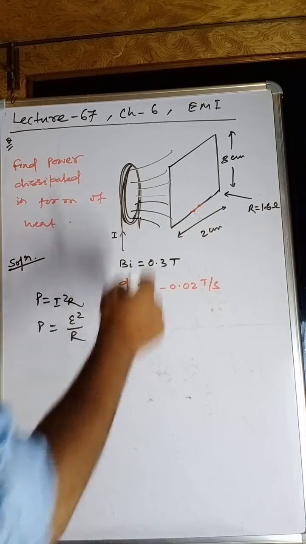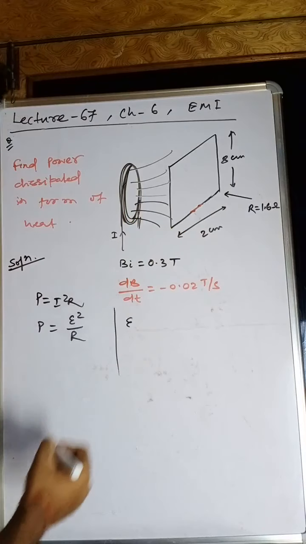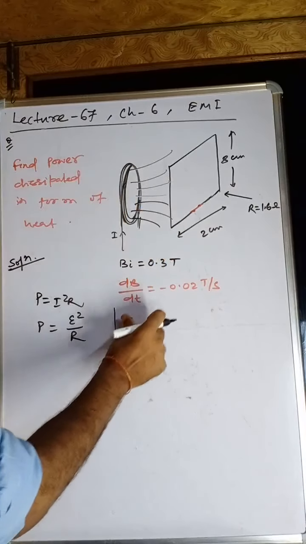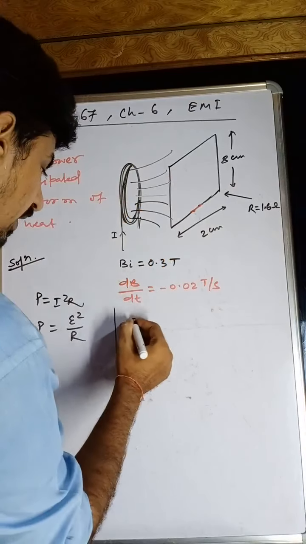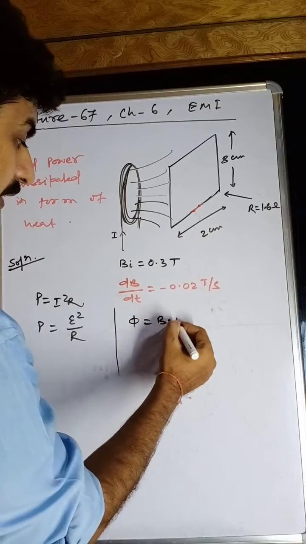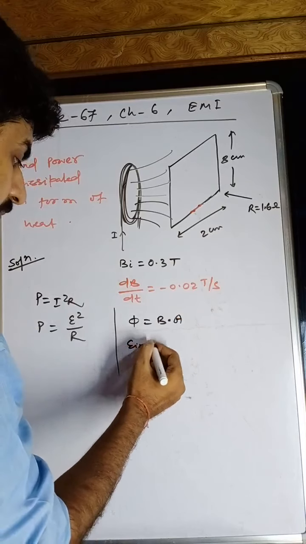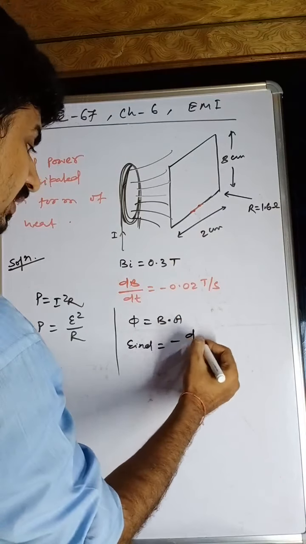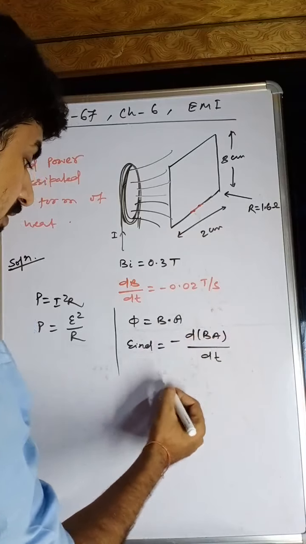Induced EMF by this coil, remember, it will be E induced by this coil. First we need the change in flux, and the flux is B dot A. And E induced will be minus d(BA) by dt.